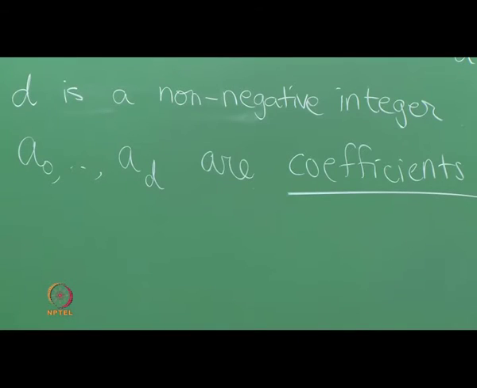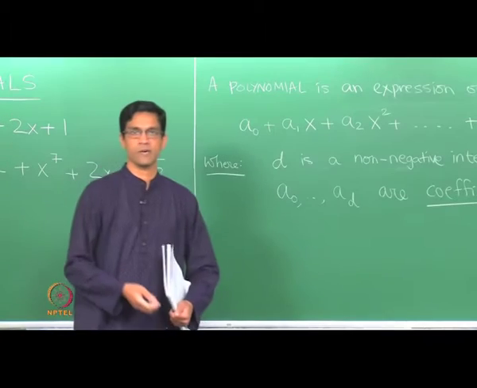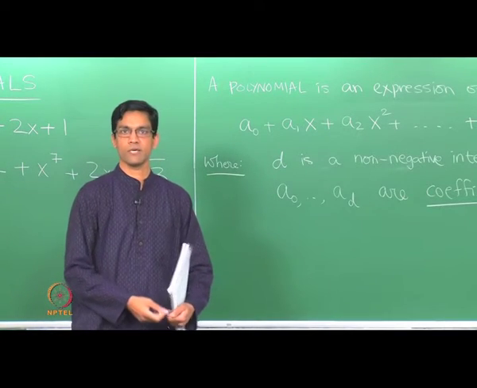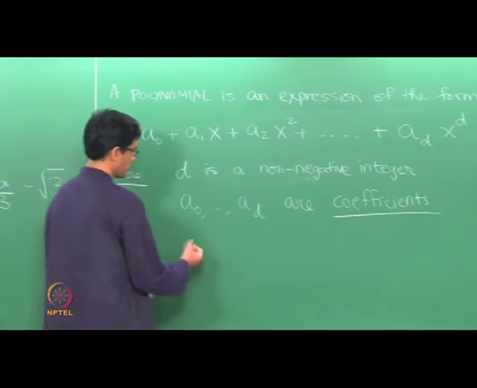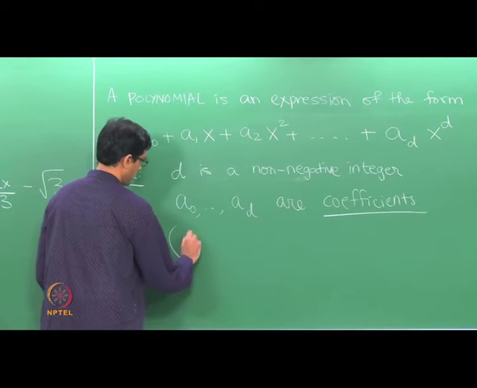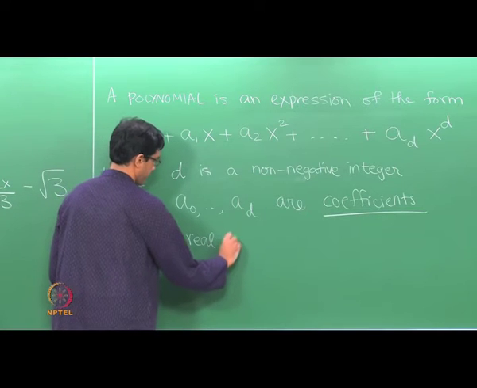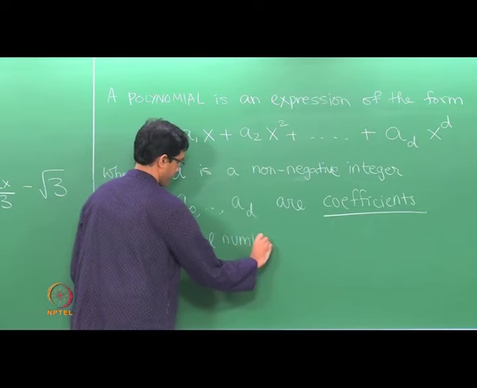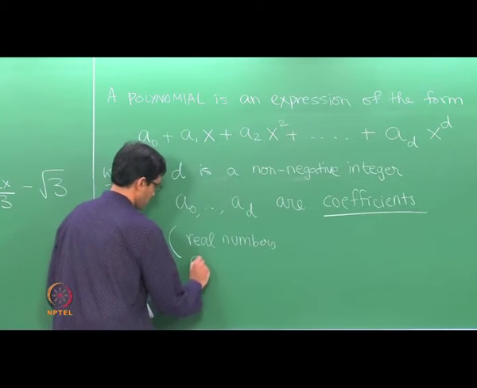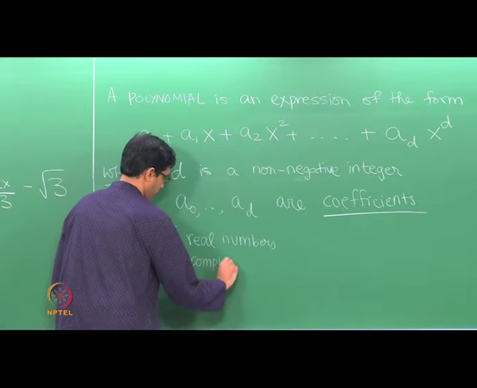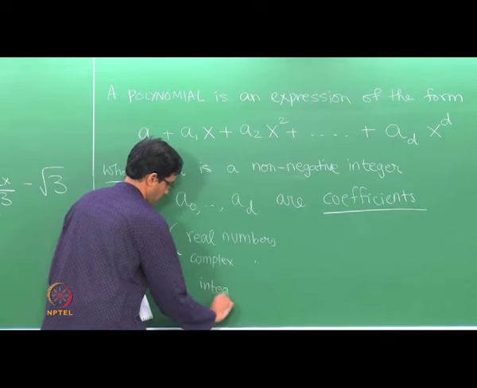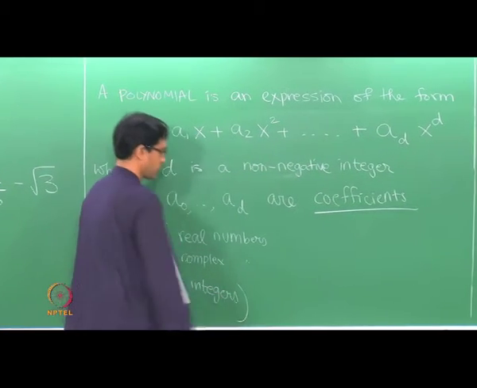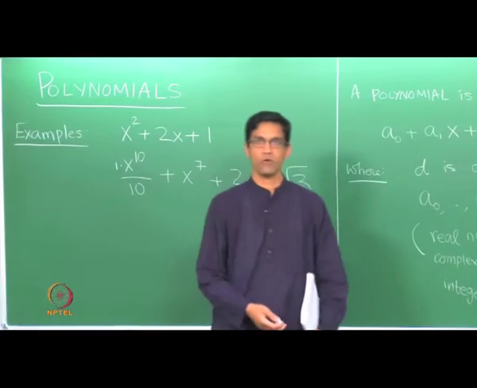For instance, we can have coefficients which are real numbers, complex numbers, or integers. So, you can have various restrictions on what kinds of coefficients are allowed.